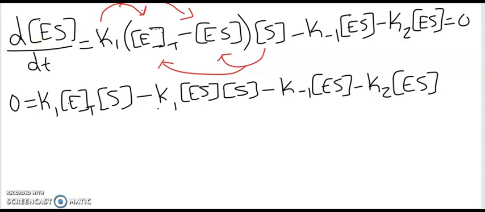And then our next step is to move all the ES complex concentration to one side.